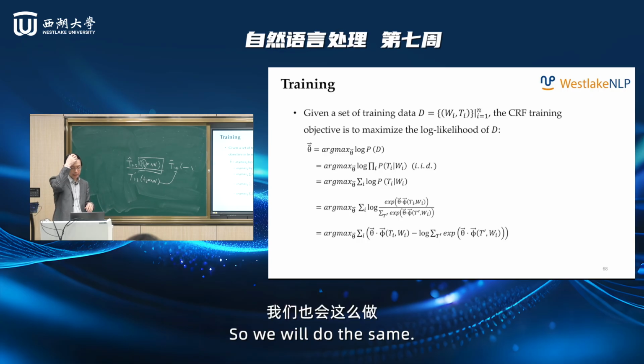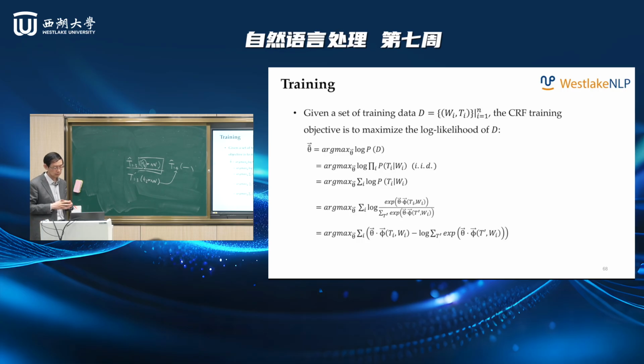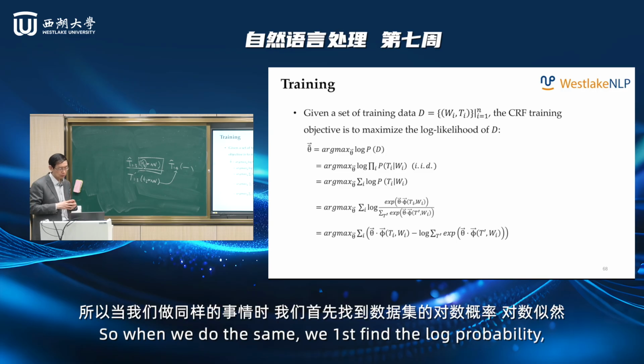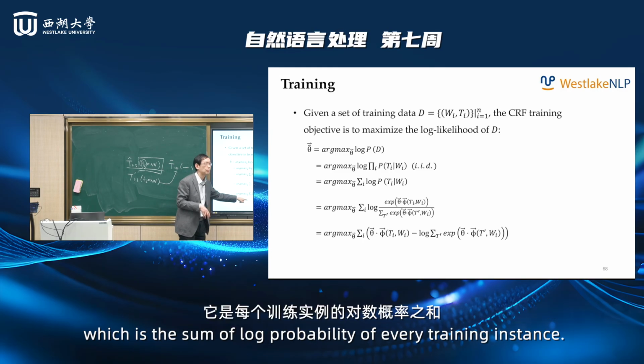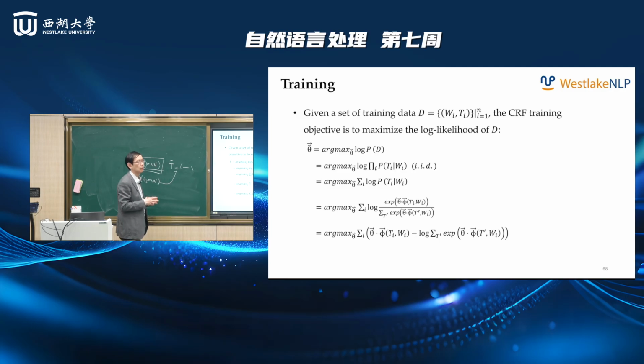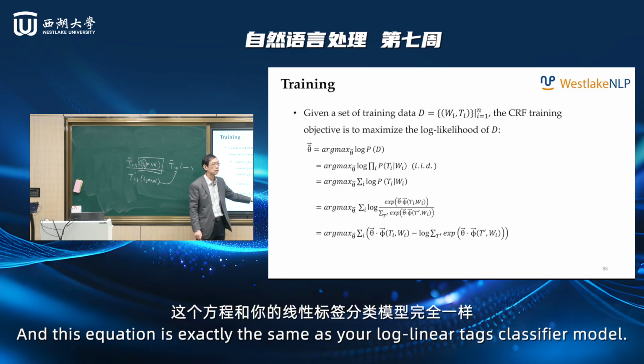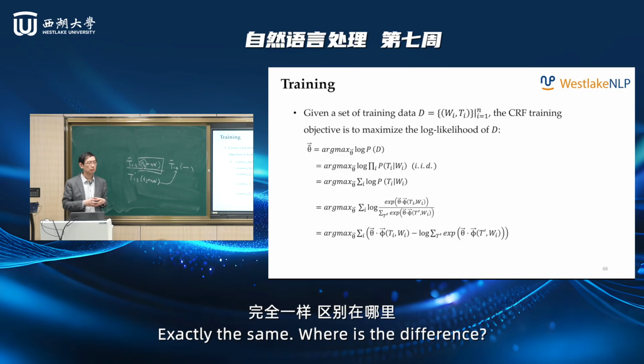So we will do the same, okay? So when we do the same, we first find the log likelihood of the data set, which is the sum of log probability of every training instance. And this equation is exactly the same as your log linear text classifier model. Exactly the same. Where is the difference?